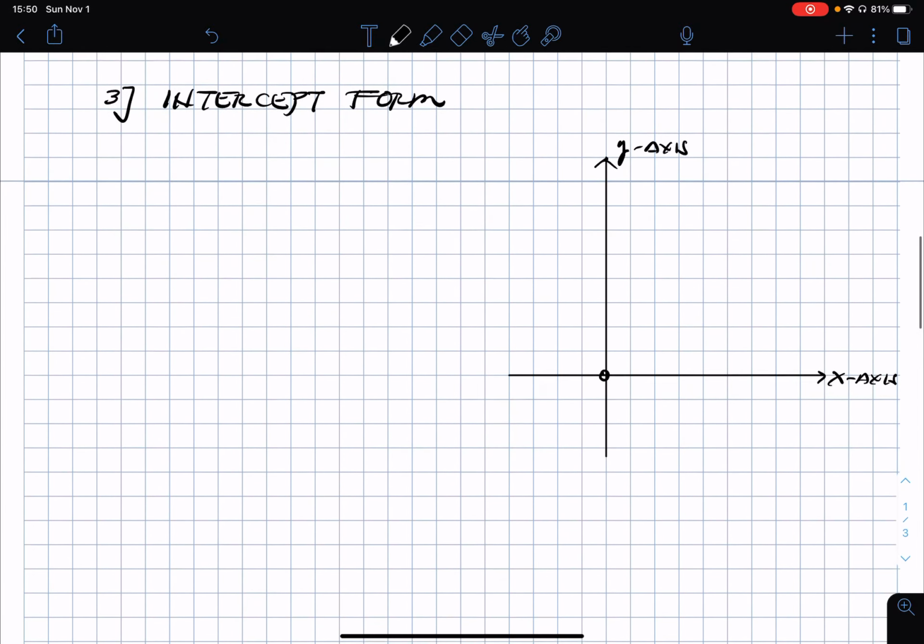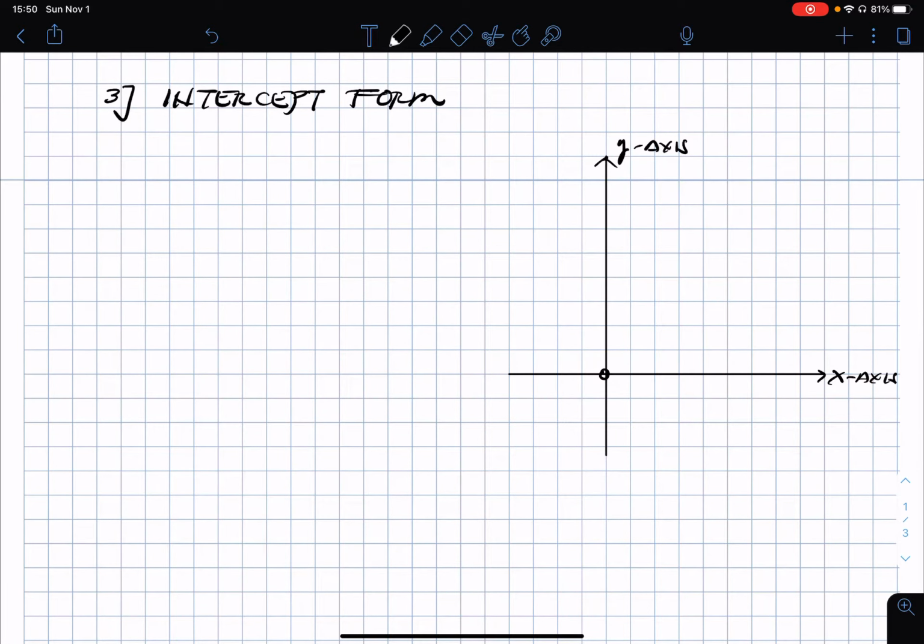The third equation of the line is what we call the intercept form. If you have a straight line like that, this is your point of intersection. The horizontal distance from the y-axis to the point of intersection of the inclined line, we call a. That is your x-intercept.